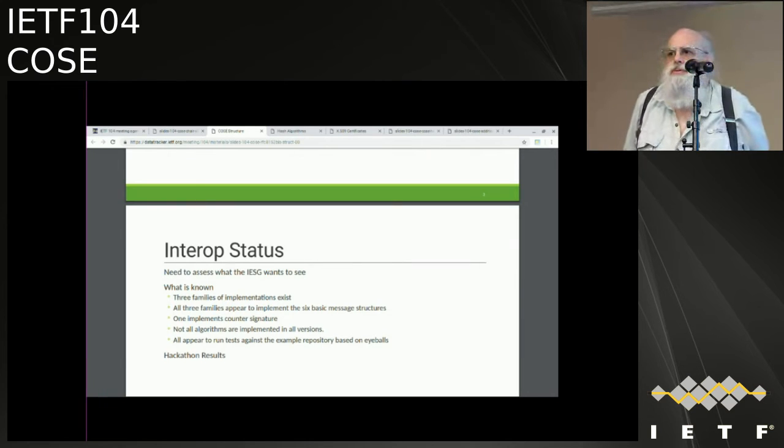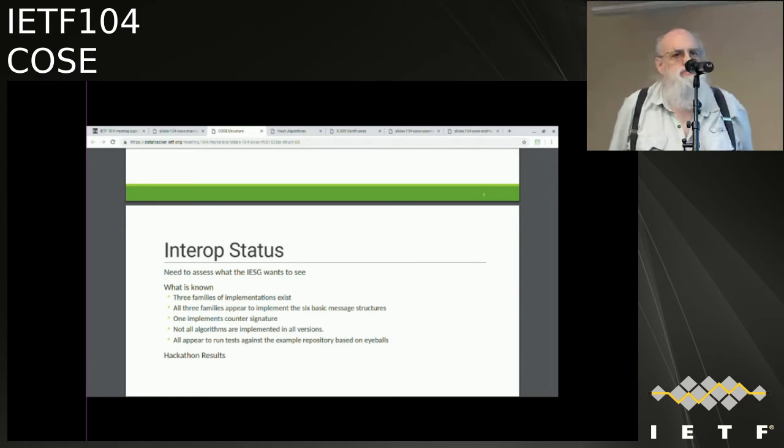So the chairs and I and the ADs need to sit down and at some point agree on what it is that we're going to send up. We actually have 3 different families of implementations. I've got 3 implementations. There's also an implementation in JavaScript and an implementation in Python.